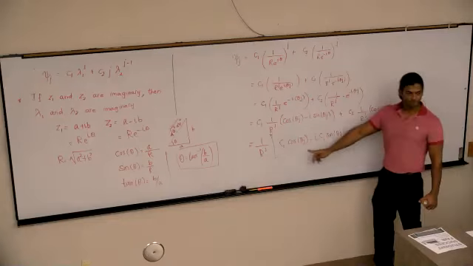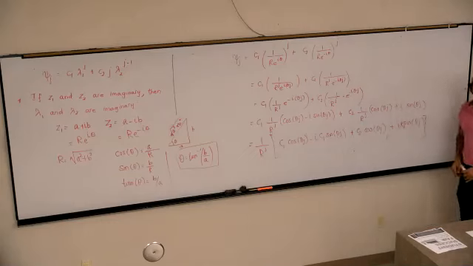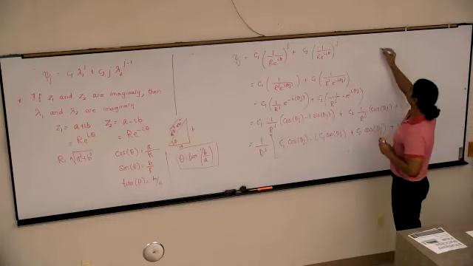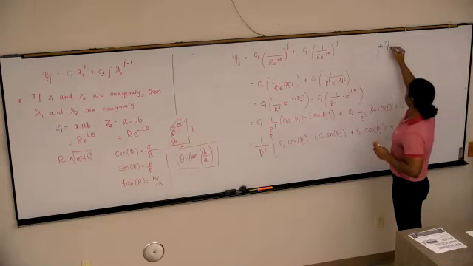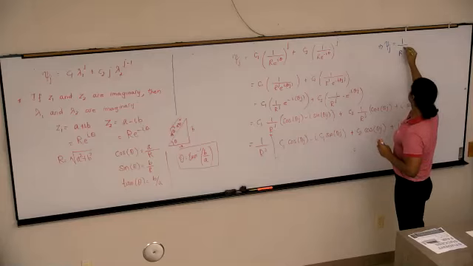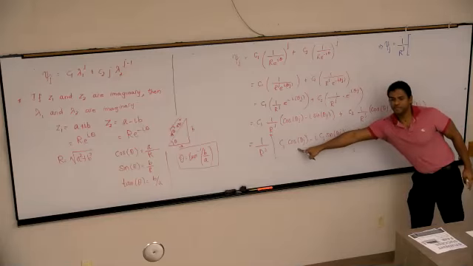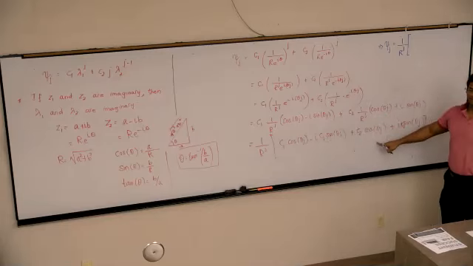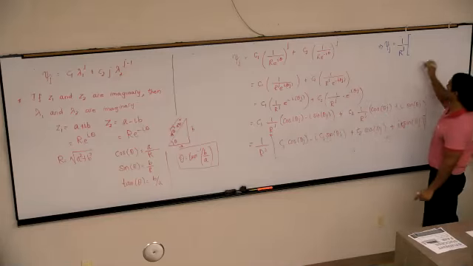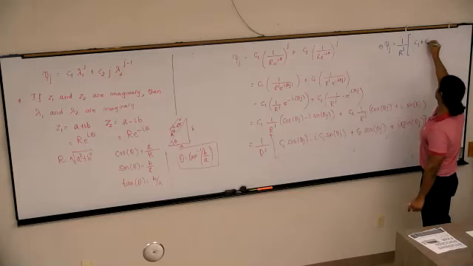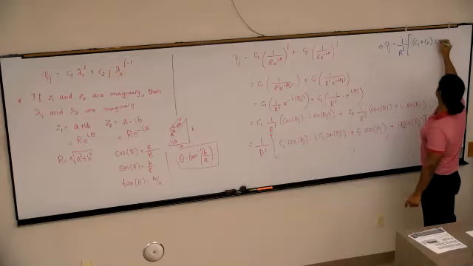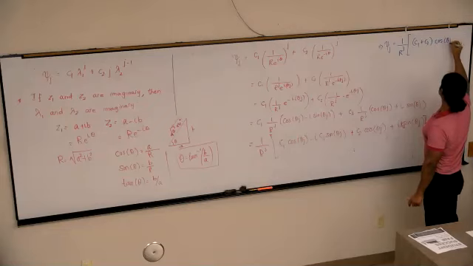Have common terms here for C1 and C2. C1 cosine theta j, C2 cosine theta j. So I will have C1 plus C2 cosine theta j.